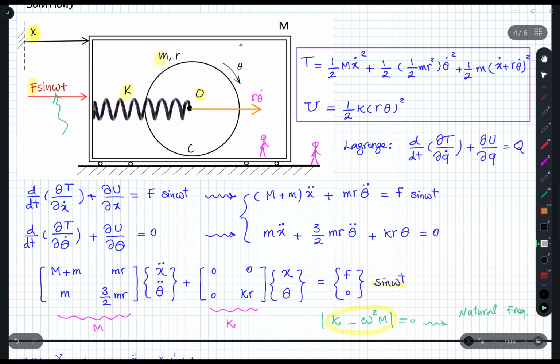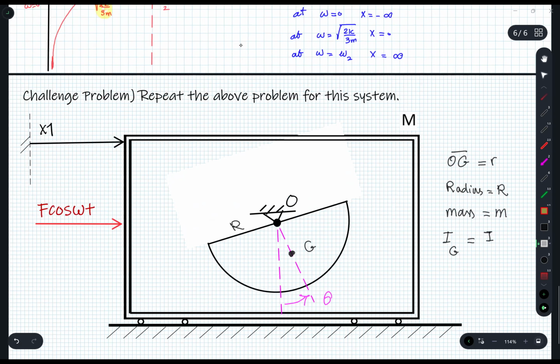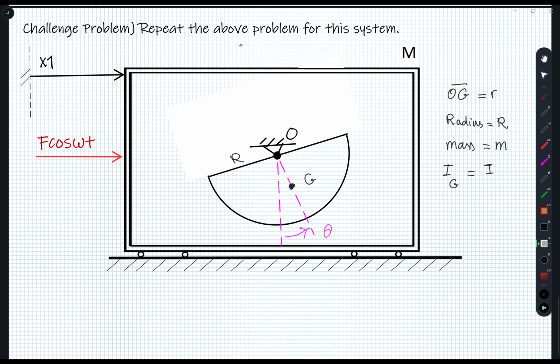All right, hopefully it's clear and you have a good understanding of this system. And what else? I have a challenge here for you. This is the same system with a little bit of difference. You have the same card, same harmonic force, or perhaps I put cosine omega t here, doesn't matter. But this time you have a disk which is joined to the card at point O, all right?